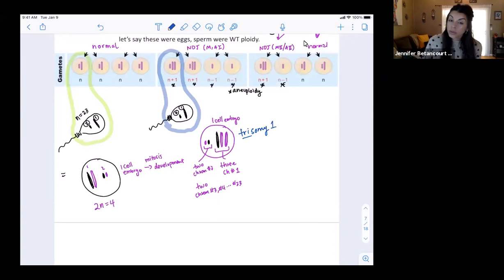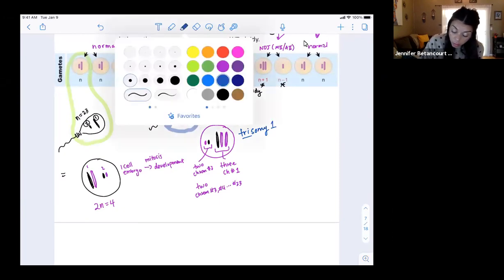Okay. And so if you look at that, if this was the product of egg development, all 4 of these gametes would produce an abnormal embryo. 2 of them would be disomies or trisomies, and then the other 2 would be monosomies. So we quickly draw that. Let's say that the sperm, let's draw it in red.